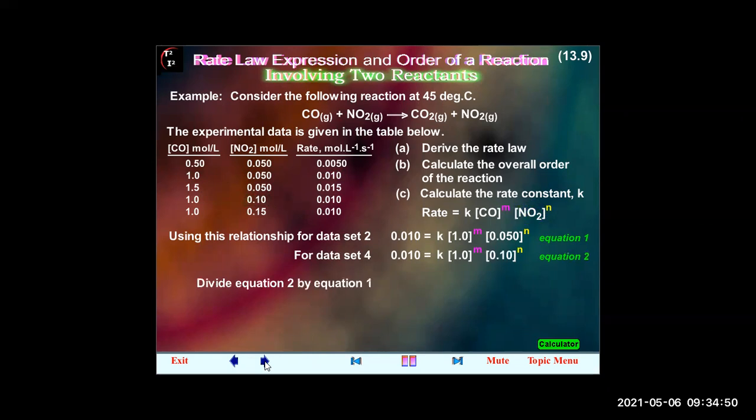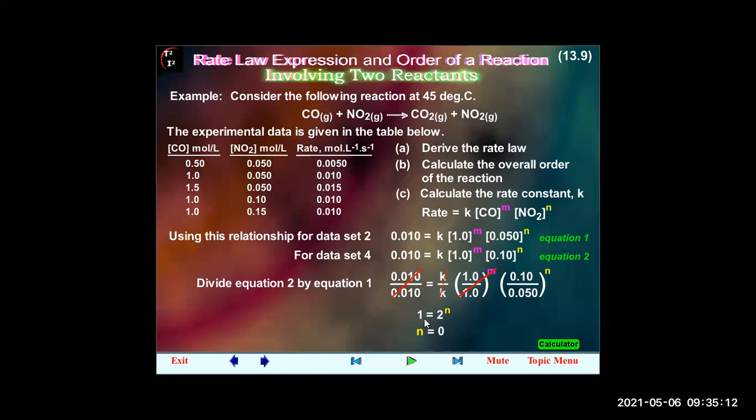Divide equation 2 by equation 1. 1 equals 2 raised to the power of n. n equals 0.